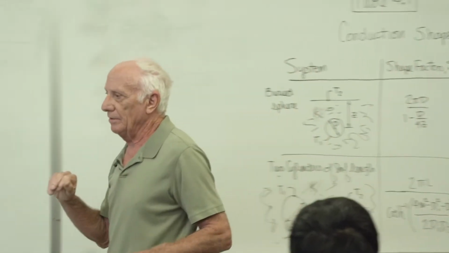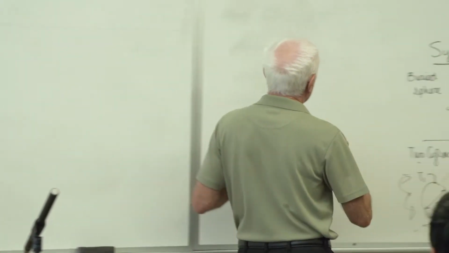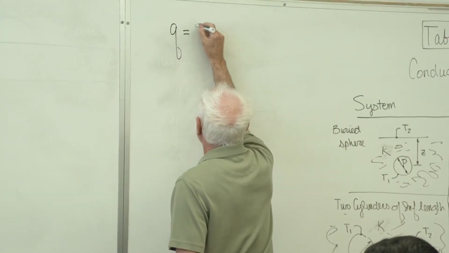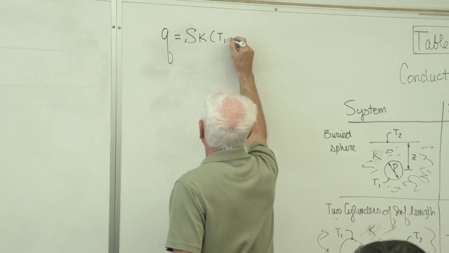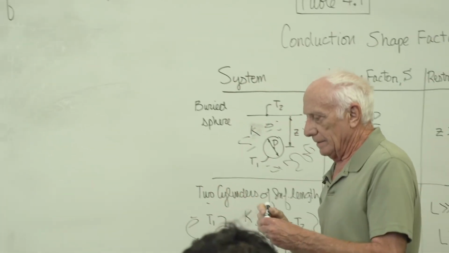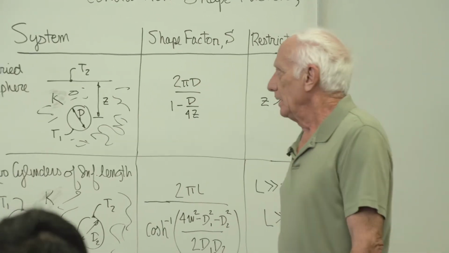Let me put down the equation you would use to get Q. The equation you use to get Q is this. Let's just go through an example, and I'll explain how to use it.